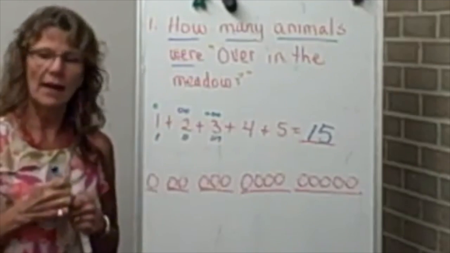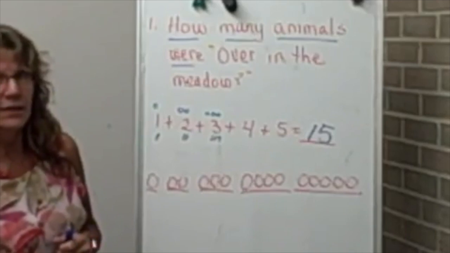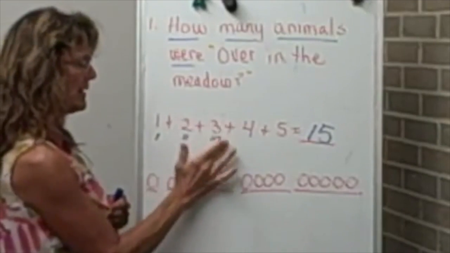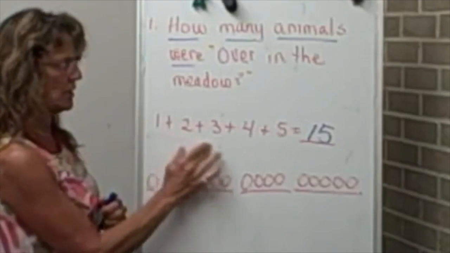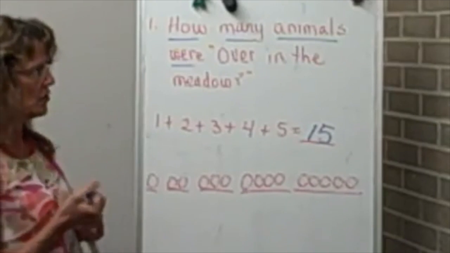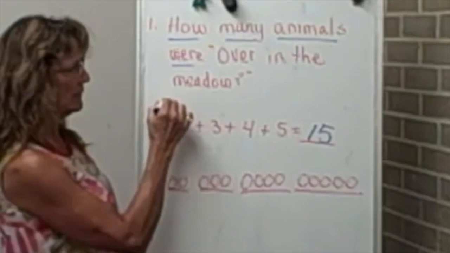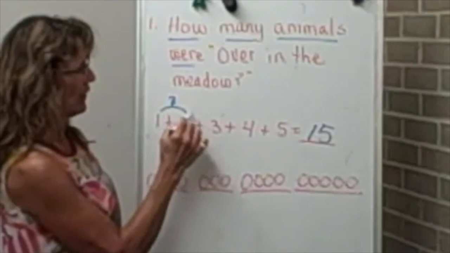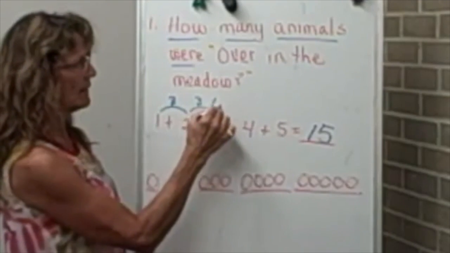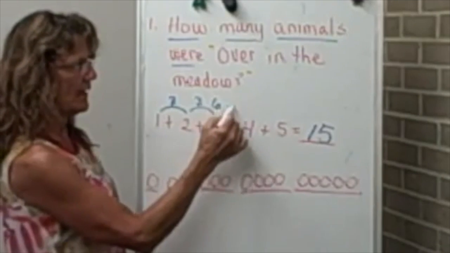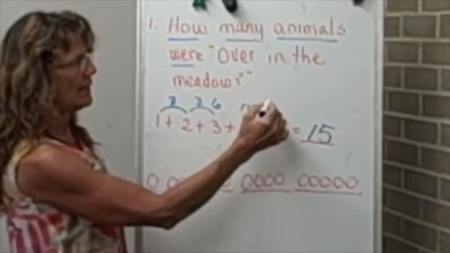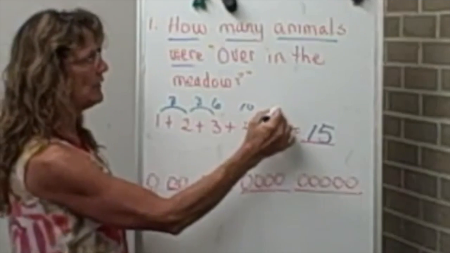Or maybe he's got a really good deep foundation for number and number sense, and maybe he's already doing some addition and subtraction. Maybe he knows some combinations of numbers. He might say, well, I know that 2 and 1 makes 3, and I know that 3 more makes 6. And then I counted up 7, 8, 9, 10, and then 11, 12, 13, 14, 15.